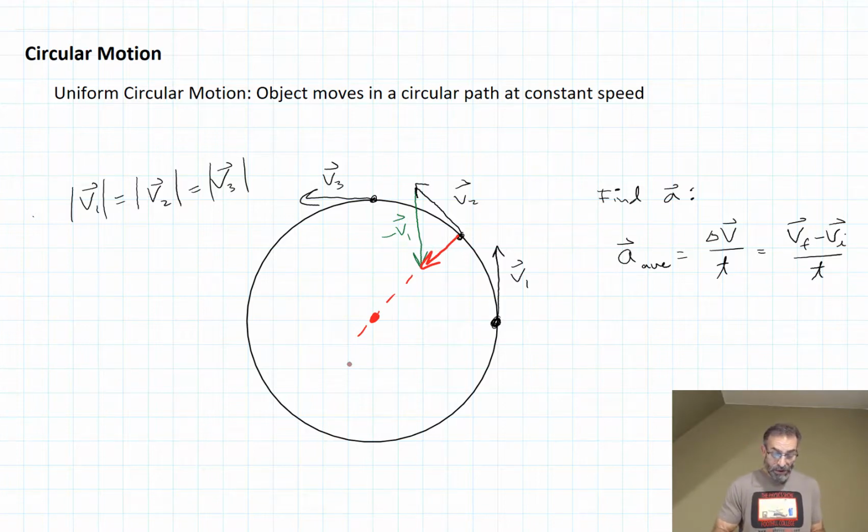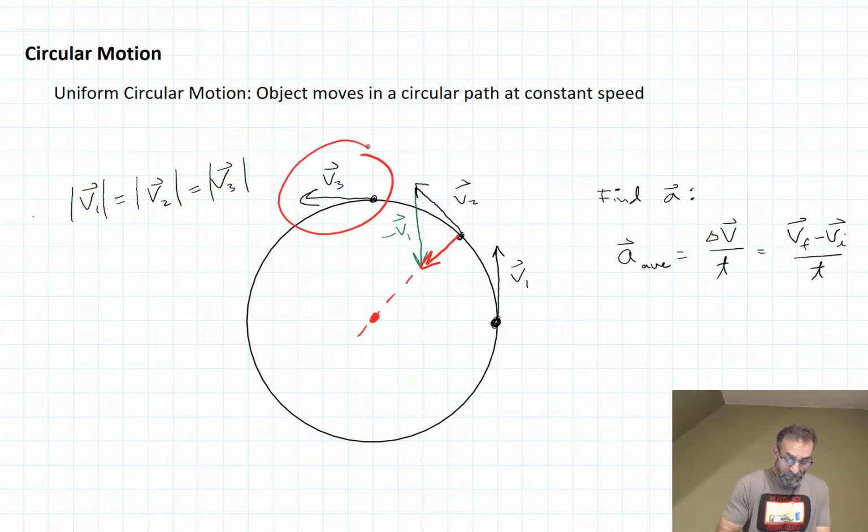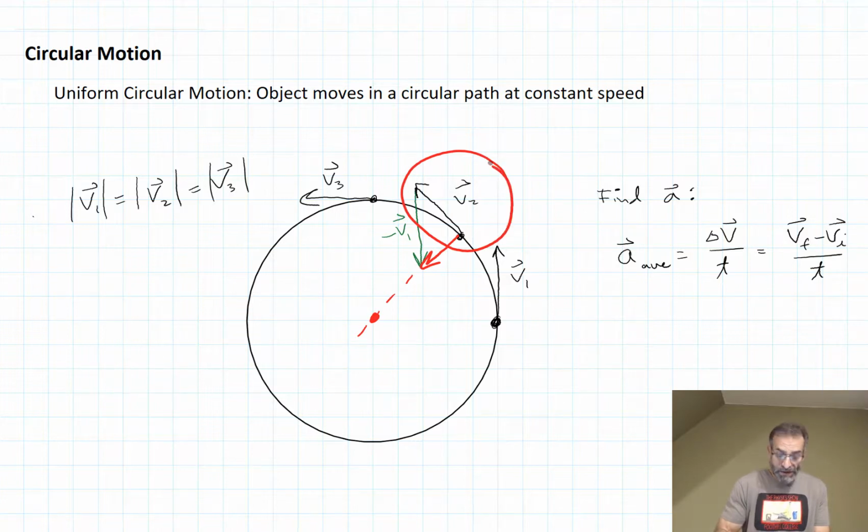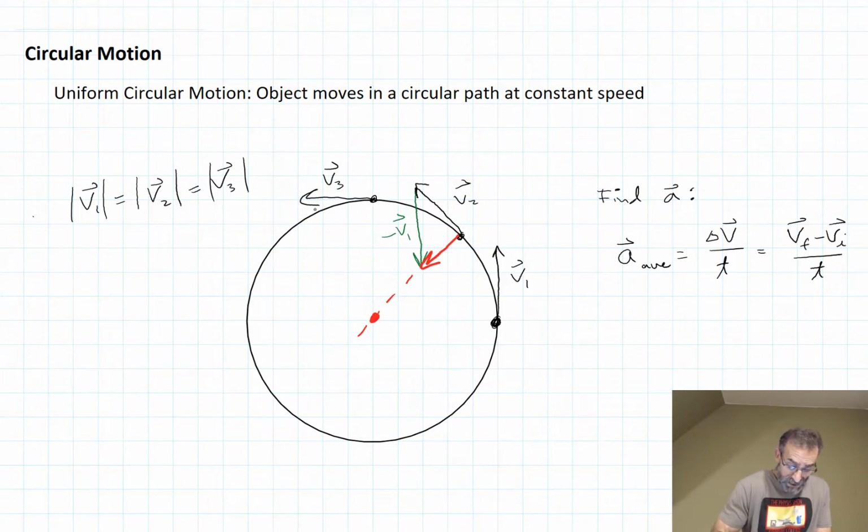Let's do this one more time. Let's take the time interval from 2 to 3. So 3 is our final time, and 2 is our initial time. And we start with v final, which is right here. And then we're going to subtract v initial, which is v2. So the opposite of v2 is going to point in this direction, roughly.